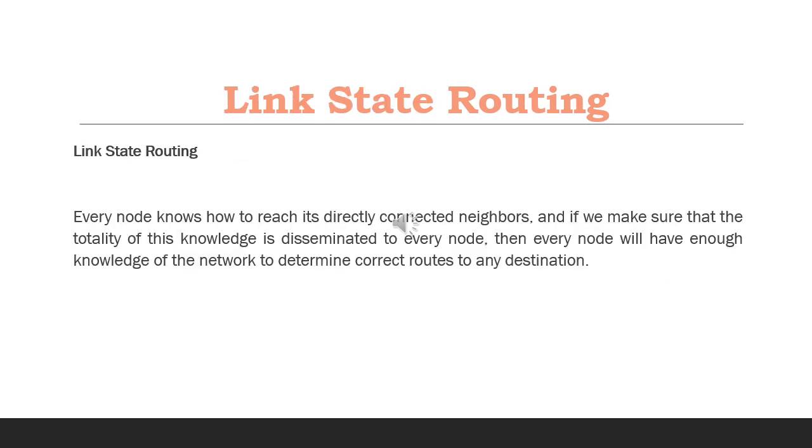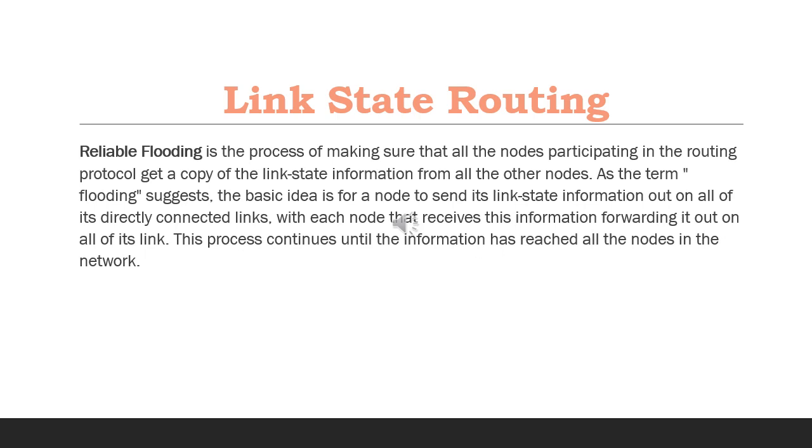Link state routing: every node knows how to reach its directly connected neighbors, and if we make sure that the totality of this knowledge is disseminated to every node, then every node will have enough knowledge of the network to determine correct routes to any destination. Reliable flooding is the process of making sure that all the nodes participating in the routing protocol get a copy of the link state information from all other nodes.